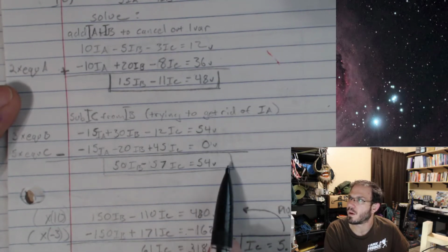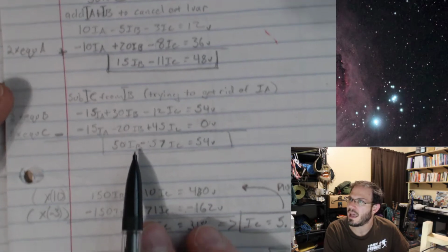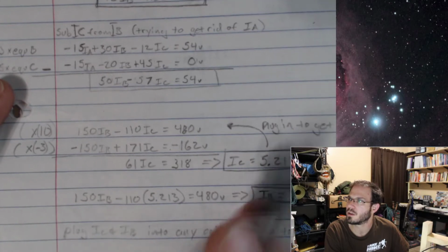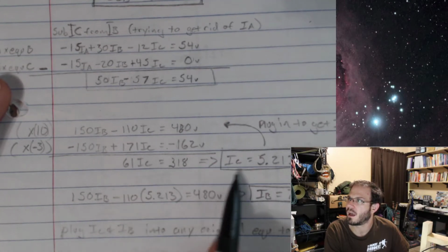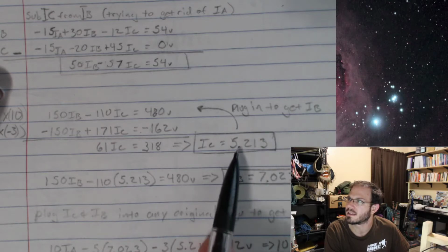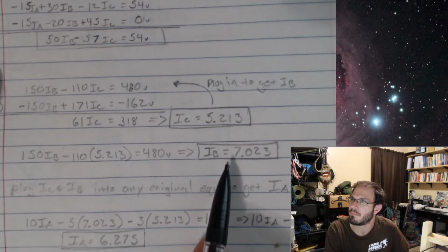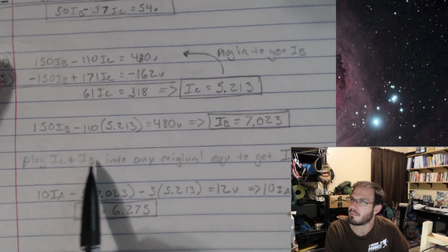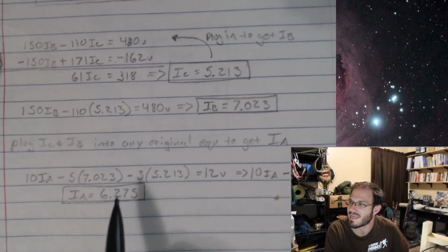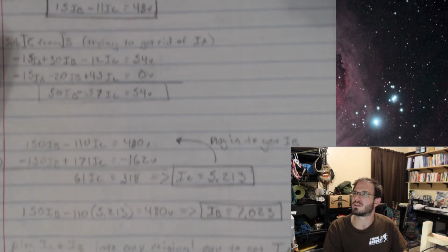And I end up with this formula, and then I can go ahead and now use both of those to cancel out one of my terms. I end up with my IC, and I have a value for that. Now I can go ahead and substitute my IC back into one of these equations. I get my IB, and then I can plug my IB and IC into the original equation to get IA, and I get that. Okay, so several different methods in order to solve.